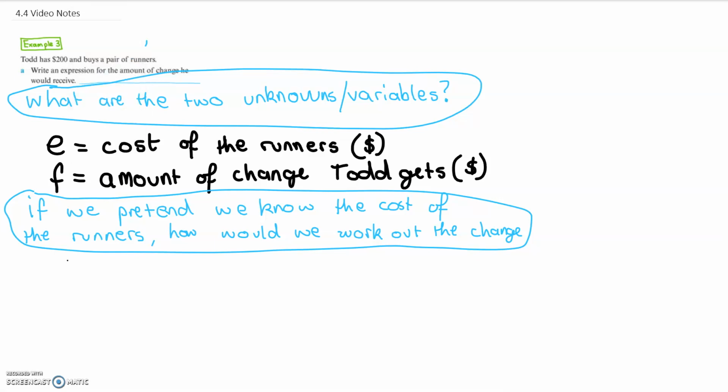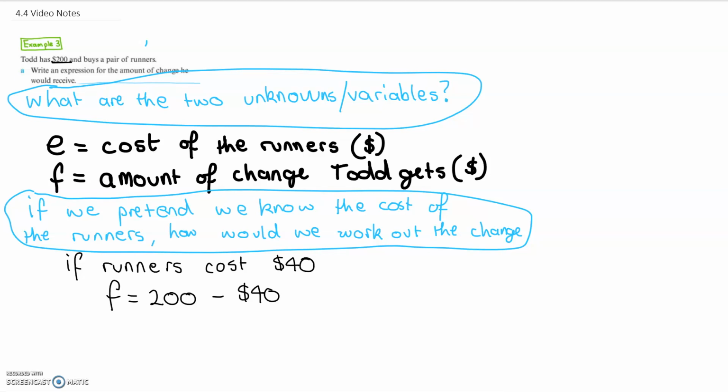Have a think about that. So to work out the change, we'd say, all right, well, he's got 200 bucks, so let's take away that $40, right? So the amount of change he gets, F, would be 200, take away the $40. And right there, you've just written the first steps in the equation.